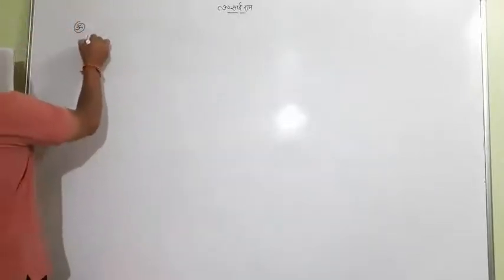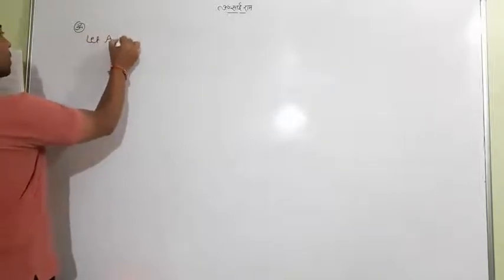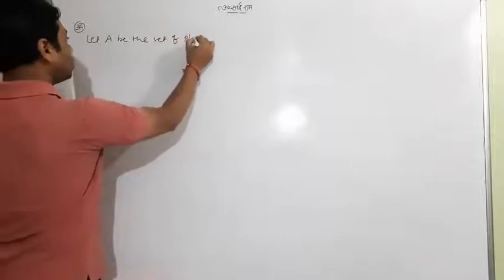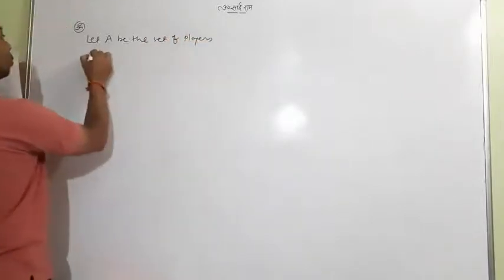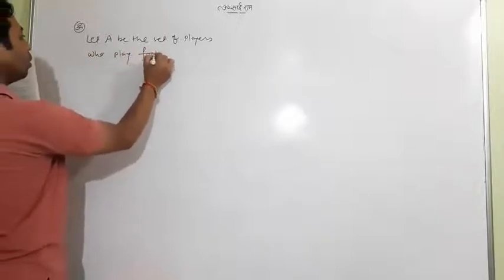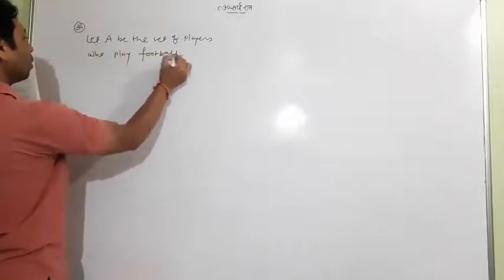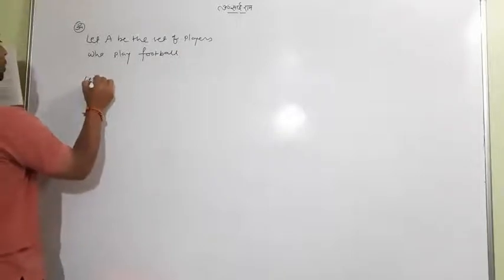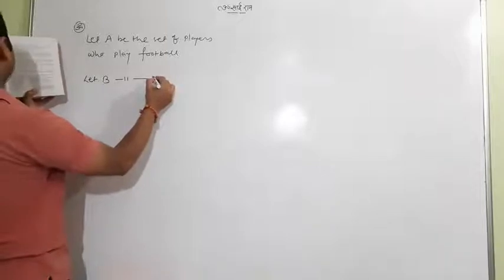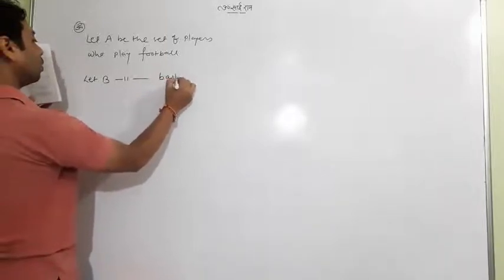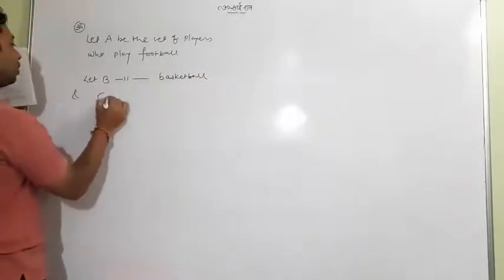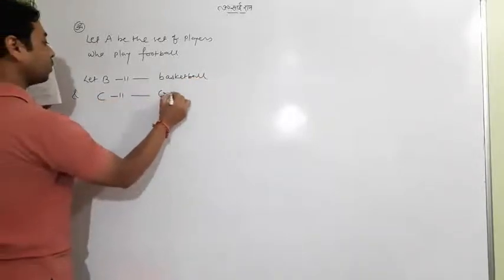Let A be the set of players who play football, let B be the set of players who play basketball, and definitely let C be the set of players who play cricket.